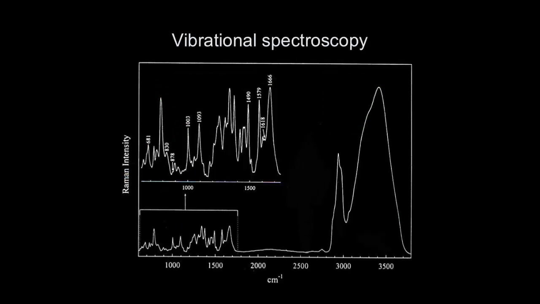Okay, so we talked about two-photon fluorescence and second harmonic generation. There's also an important class of nonlinear optical techniques that probes the vibrational spectroscopy of molecules. You have probably seen vibrational spectra before.